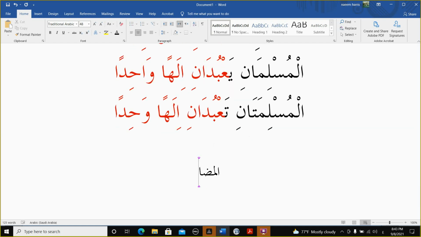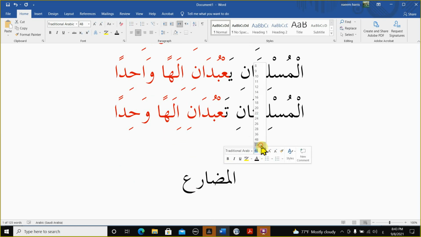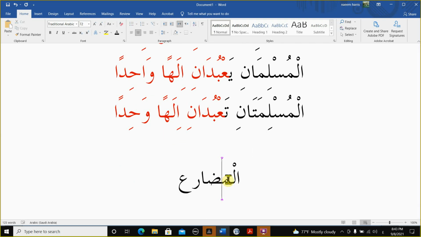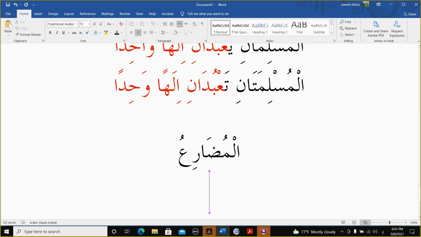Remember, the mudari' is kind of tricky because there are only a few letters to play with. It's not a lot. In the mudari', the present tense of the verb, you only have alif, noon, ya, ta.